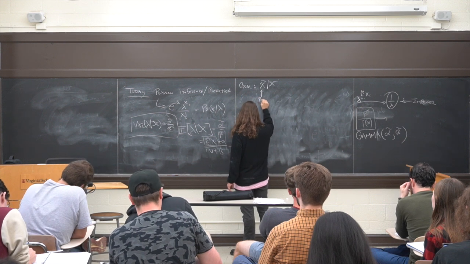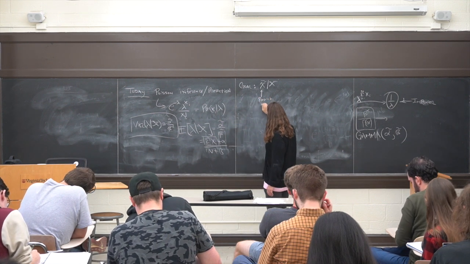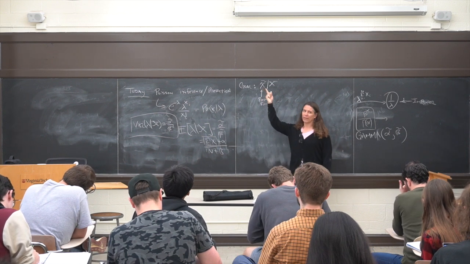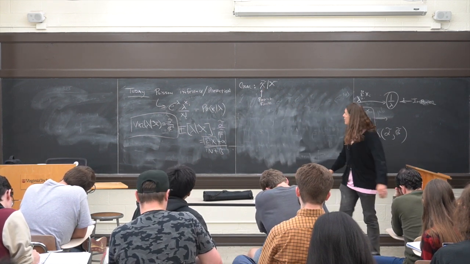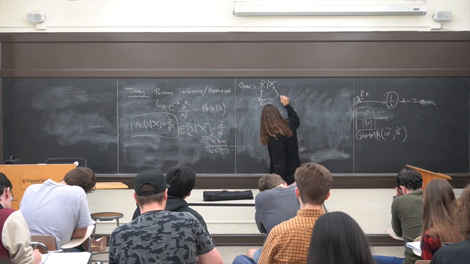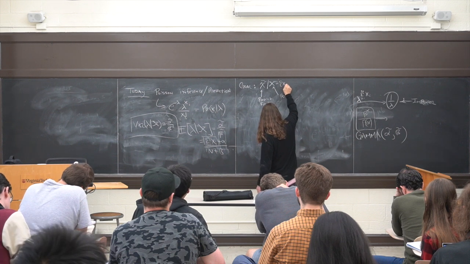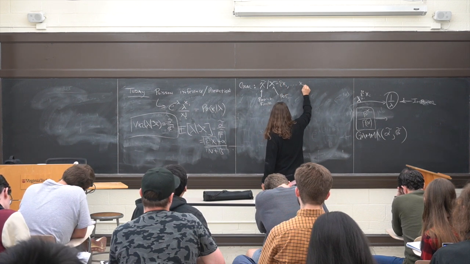So predict the future. This is our notation for that random variable, x tilde, and this is our past, x1 through xn, that's what we've seen.